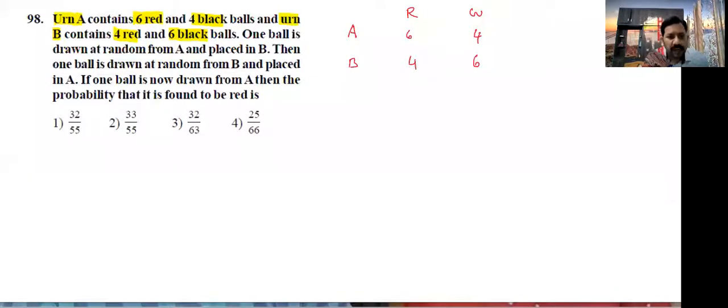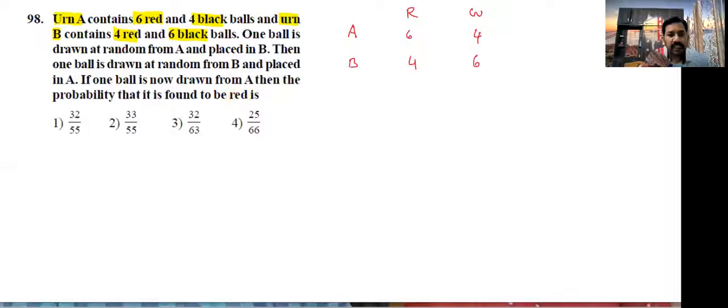One ball is drawn at random from A and placed in B. Then one ball is drawn at random from B and placed in A. If one ball is now drawn from A, then the probability that it is found to be red.